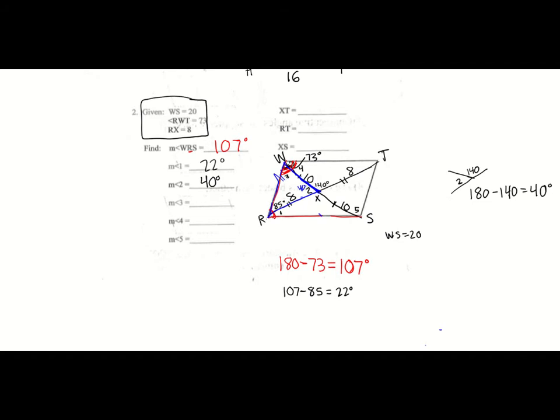We know this one is 85, and we want to figure out what angle 3 is. So the three angles inside of any triangle add up to 180. If we subtract 40 and 85, we are left with 55 degrees for that angle 3.